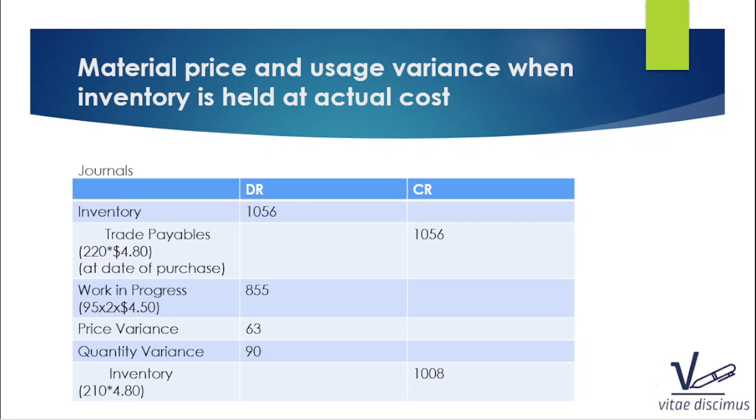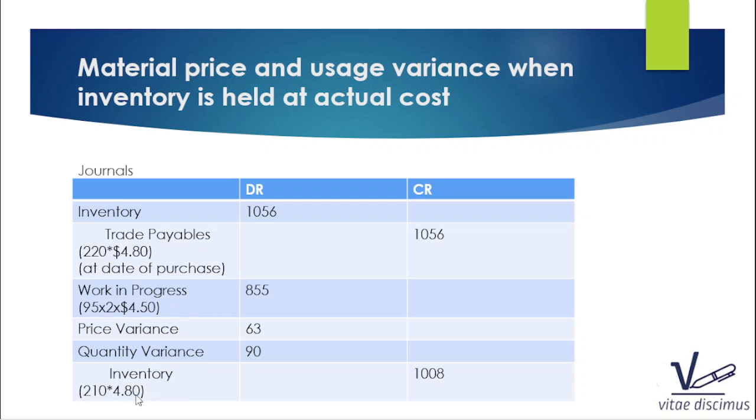Then when we issue to production, we will still be issuing based on the standard cost card that we have. To produce 95 units, we allocate 2 kilos to each unit at $4.50, meaning that what we allocate to production will be a cost of $855.